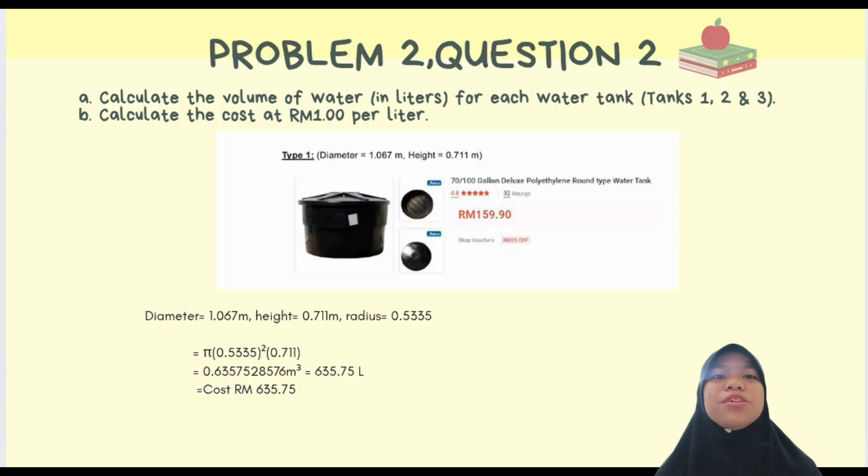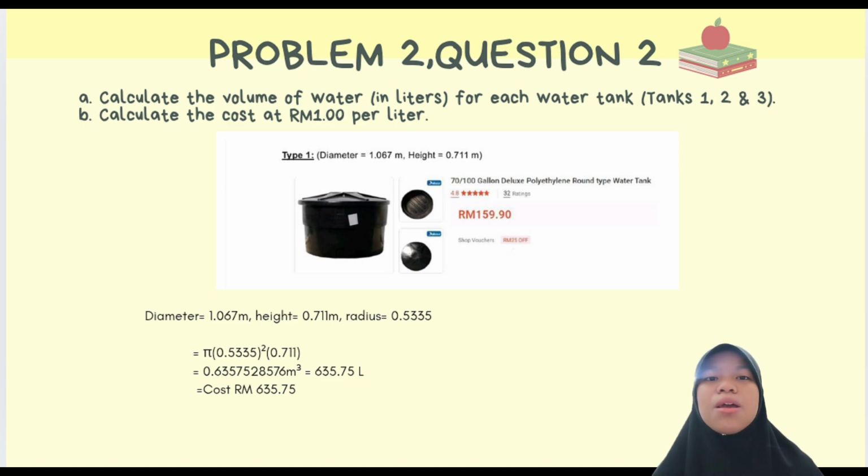Tank 1, the diameter is 1.067 meters and the height is 0.711 meters. So the radius is half of the diameter, which is 0.5335 meters.